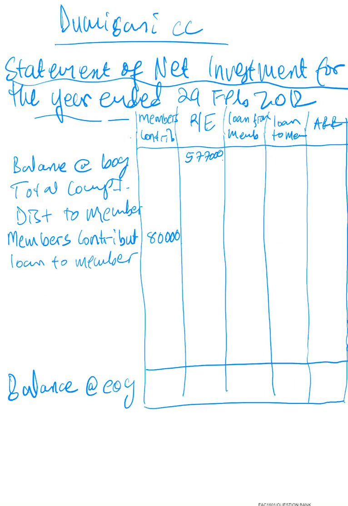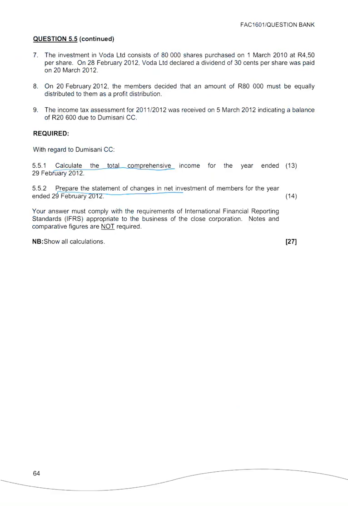Of 20,000. So the loan to members, I will put in brackets because these are assets. All these other items have got a credit balance, but the loan to member is an asset, so I'll put it in brackets. Loan to member, 20,000.